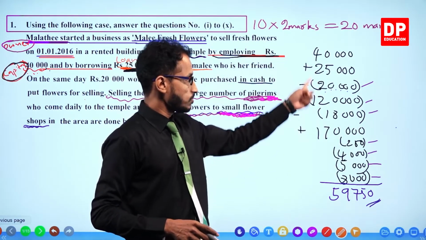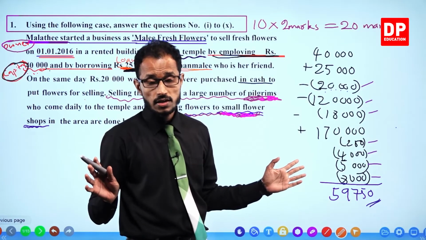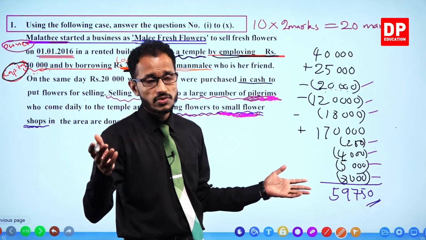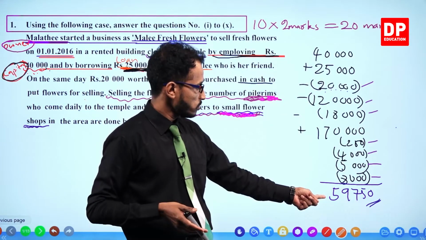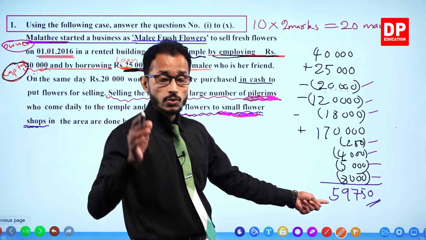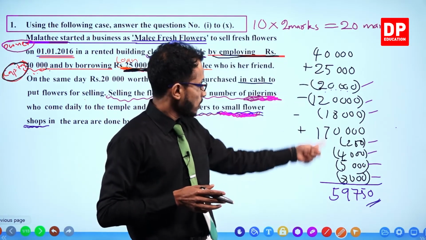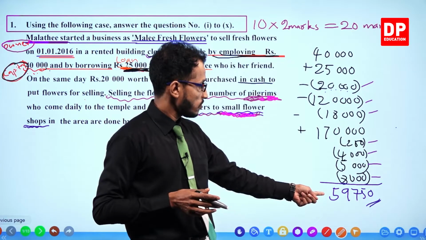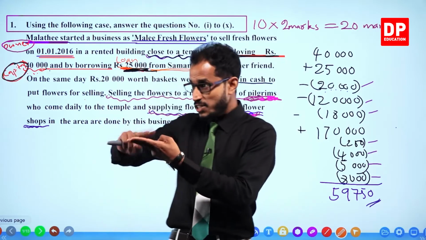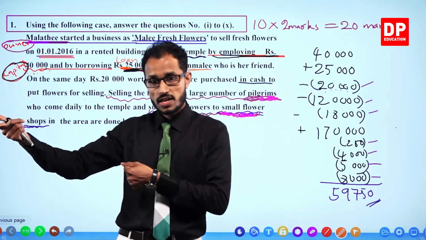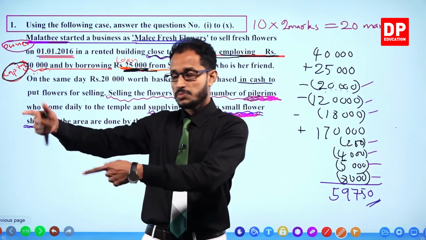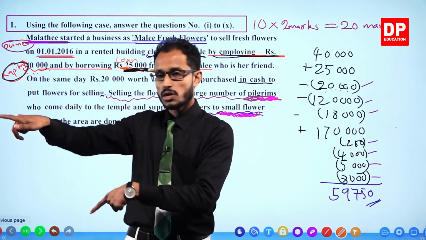Here to calculate the cash balance, children, we didn't draw a cash book. Even if you prepared a cash book, you will get the same answer. Anyhow, you will get the answer 59,750 only with cash expenses, cash inflows and cash outflows, which means cash incomes and cash outgoings.